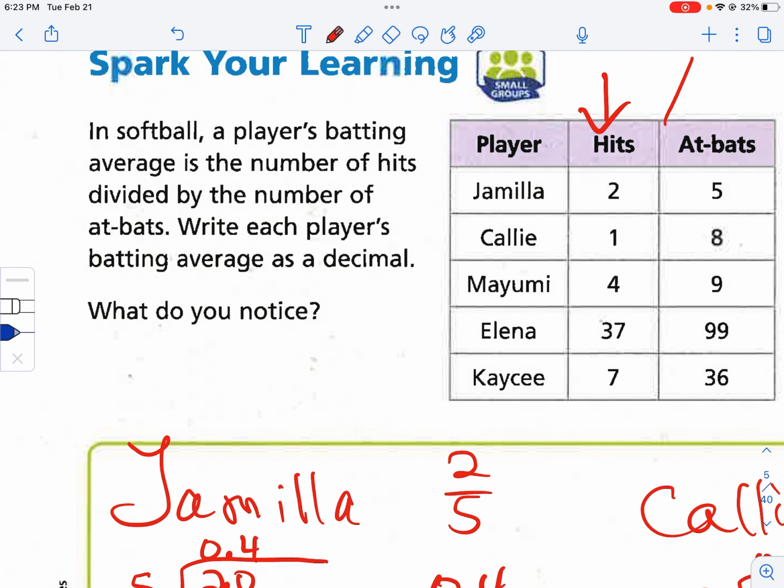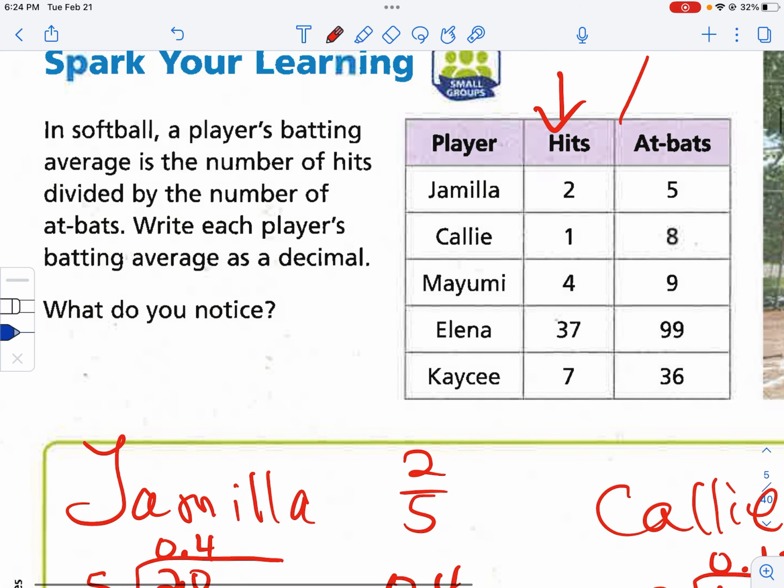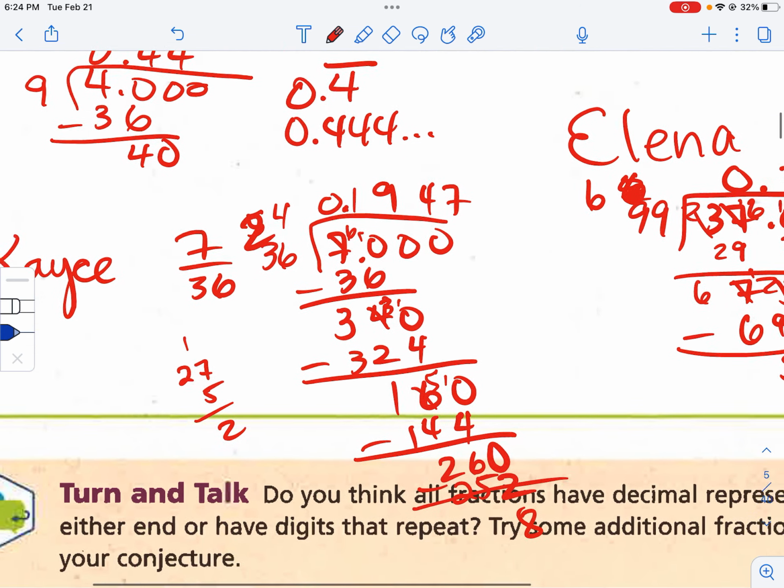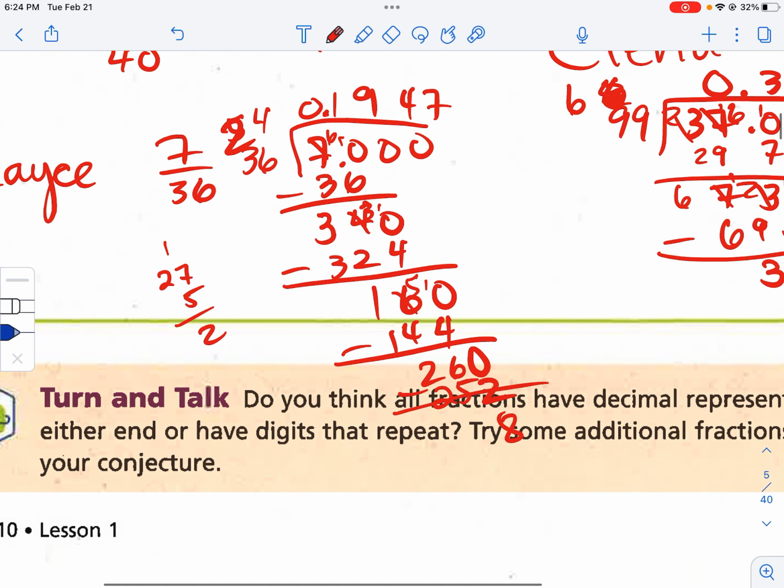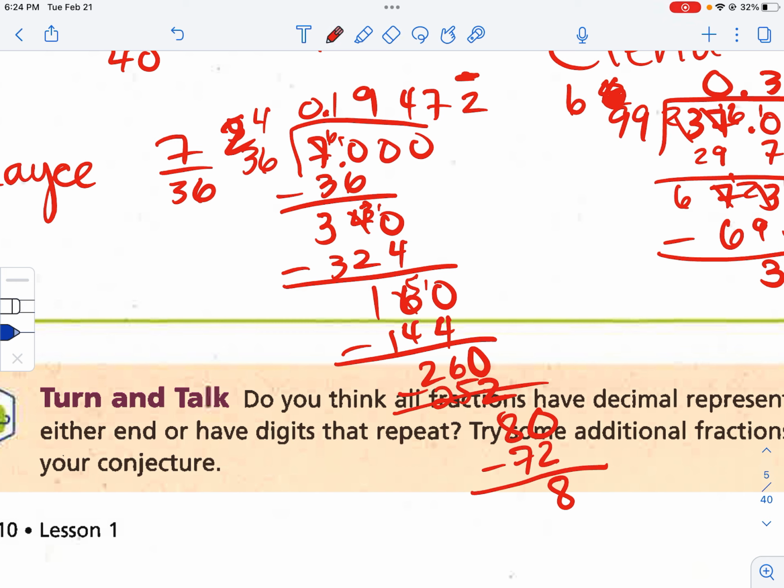Each player's batting average is a decimal. Well, I guess we're just going to keep on going. And that'll go in twice here. Is that right? So this would be 72. Oh, look at that. We're going to have 8. This 2 is what's going to be repeating. So we have 0.1947 and then the 2 repeats, or 0.1947222, and so on. There we go.